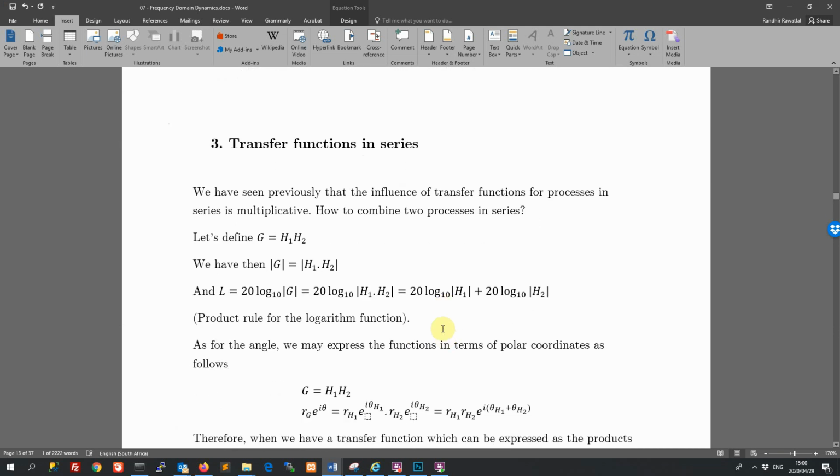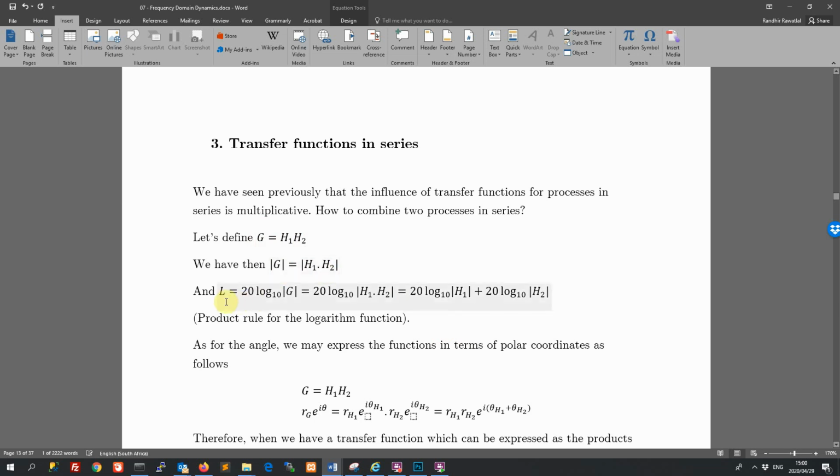Now, a useful property of the Bode plot is that we can add together functions in series. So remember when we did the two tanks in series problem, we had that the overall transfer function was the product of the first and second transfer functions in series, right? And if that's the case, then the magnitude of our resulting transfer function is going to be the magnitude of the products there.